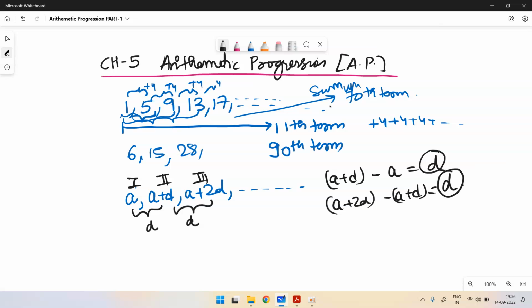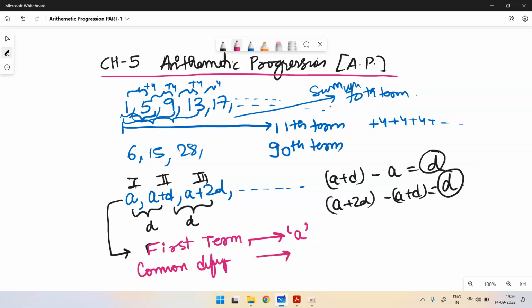Now if you clearly see this, I will give you some basic terms used in arithmetic progression. The first term is represented by a. What is the common difference?